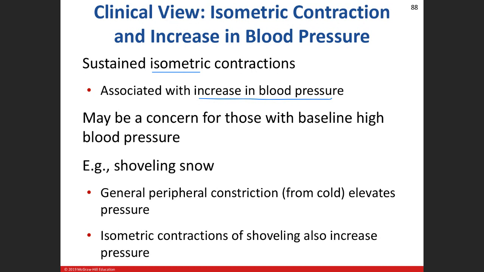All that blood goes into your core and it increases the pressure on the blood vessels inside your body that aren't on the periphery. So when you start to engage in an isometric muscle contraction, now you're increasing that pressure even more, and you're going to spike your blood pressure up.